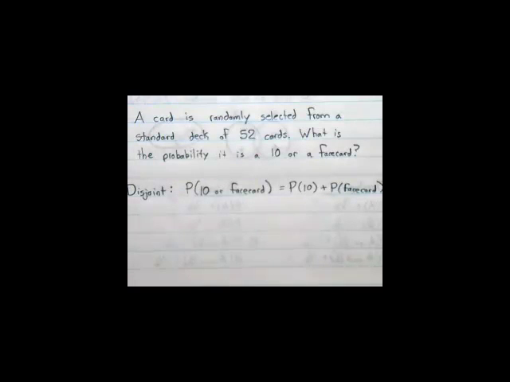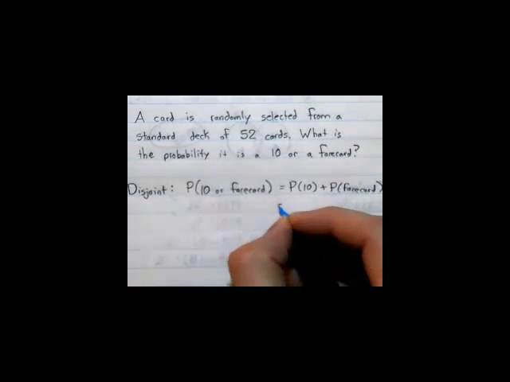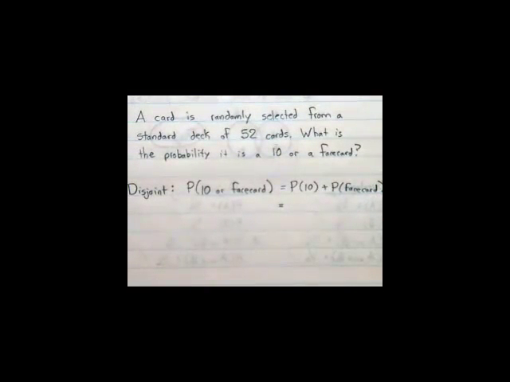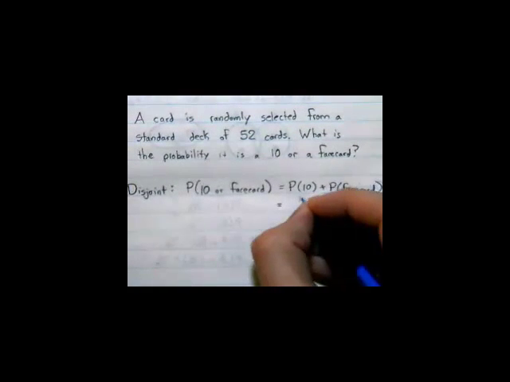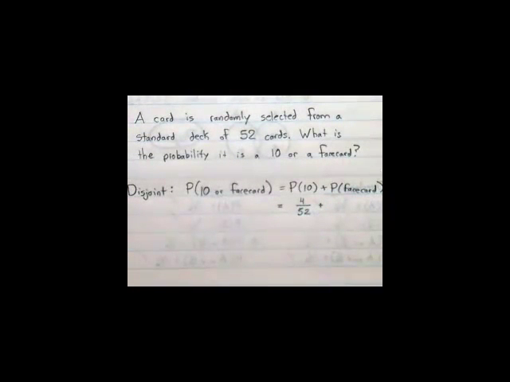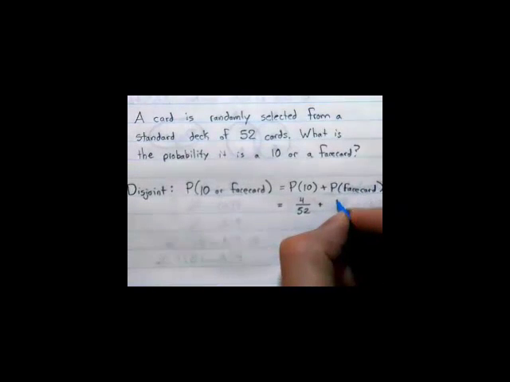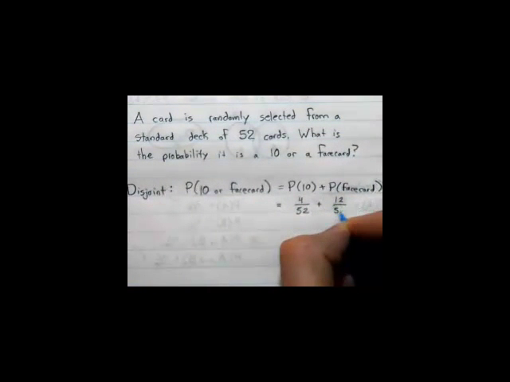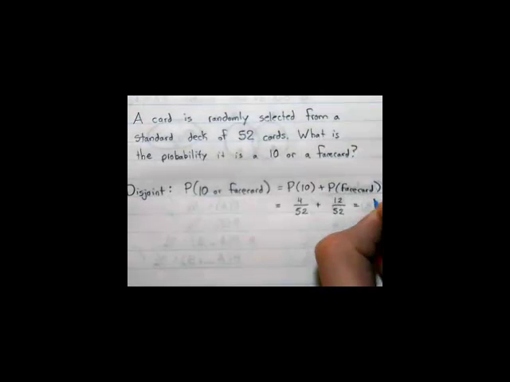So what's the probability of getting a 10? 4 out of 52. What's the probability of getting a face card? 12 out of 52. Yeah, because you got jacks, queens, and kings, right, are your face cards. And there's 4 of each, so you got 12 of them. Okay, so we got 16 out of 52.